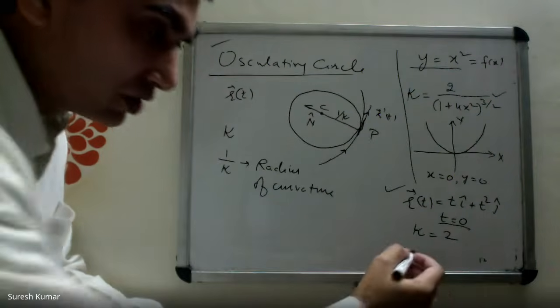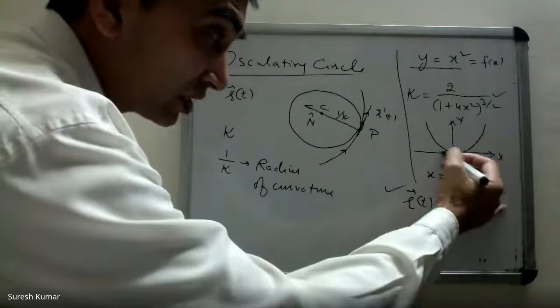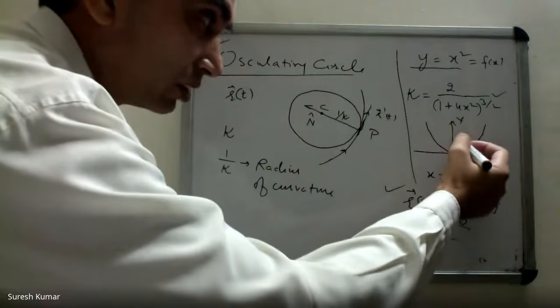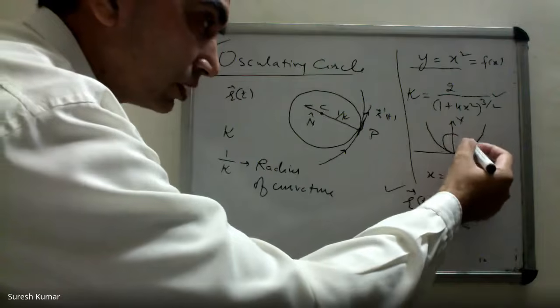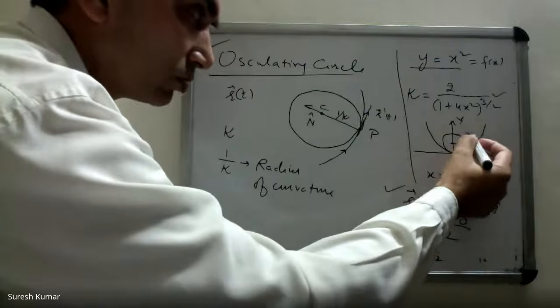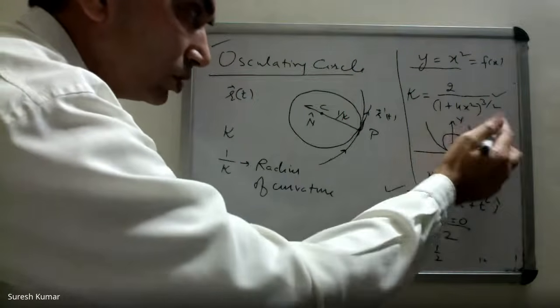Okay, so what is the radius of curvature? 1 over 2. And you know the x-axis touches this parabola. This is the tangent line or tangent vector. So what is your osculating circle with this tangent? Where does the center lie? Is it 1 by 2, 0 or 0, 1 by 2?